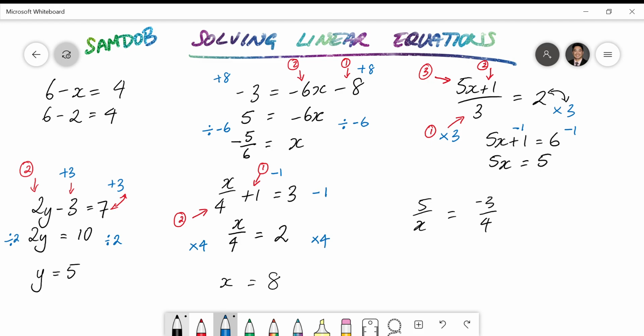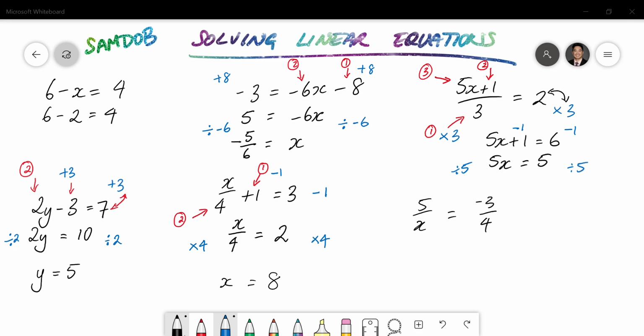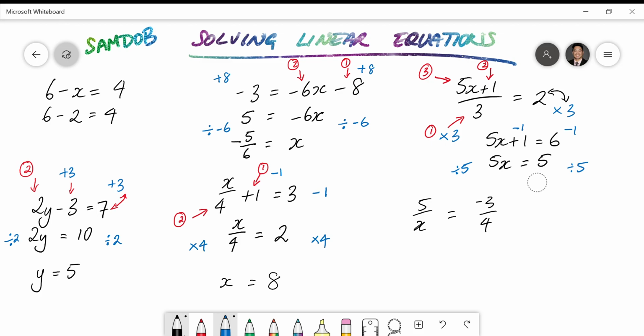So to get rid of the 5, we want to divide both sides by 5. 5 divided by 5 is 1, and 5x divided by 5 is just x. So our solution for x is 1.